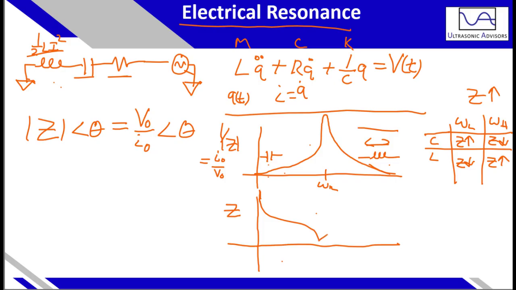After our resonant point, we will have infinitely large impedance, because we're going back to our inductive behavior.